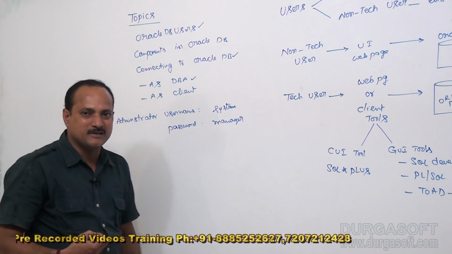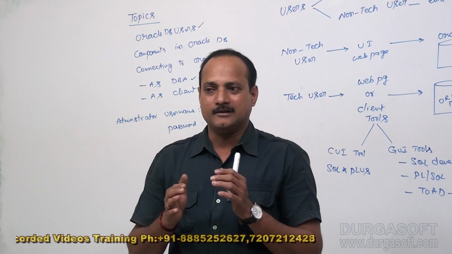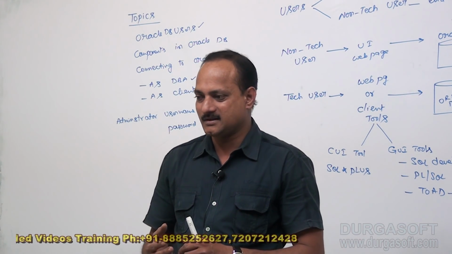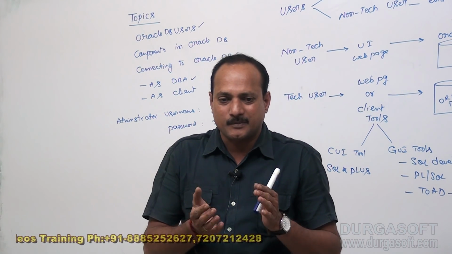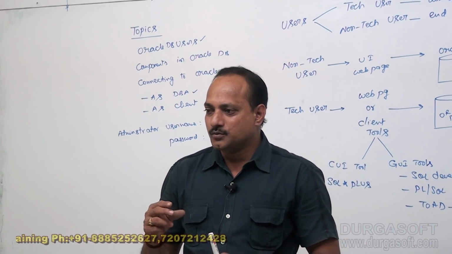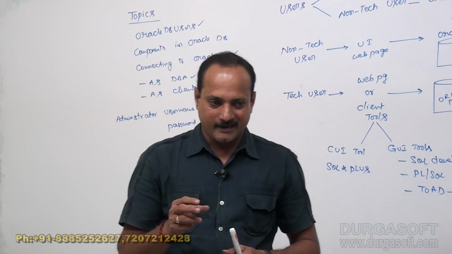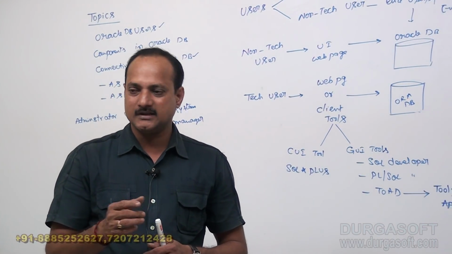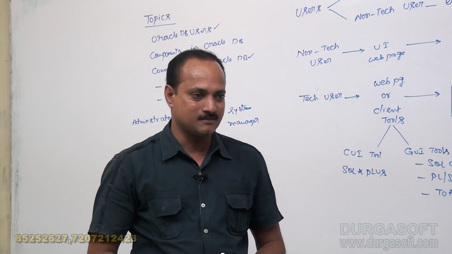Once you have connected, how will a client be generated? Generally, first the admin has to connect to the database, and the admin has to create user accounts. Then the particular client will be authenticated. By creating a user account for a particular user, he will be authenticated to interact with the database.